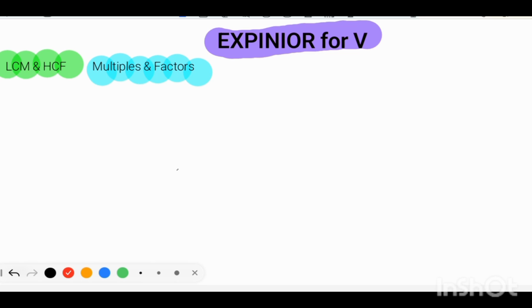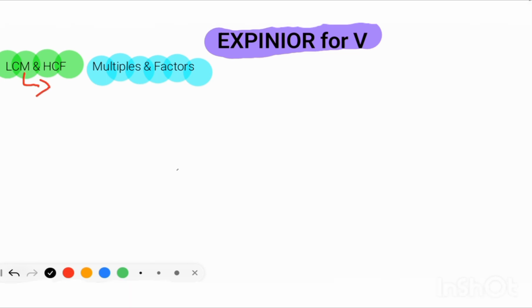So first let me give you the full form of LCM and HCF. The full form of LCM is least common multiple.